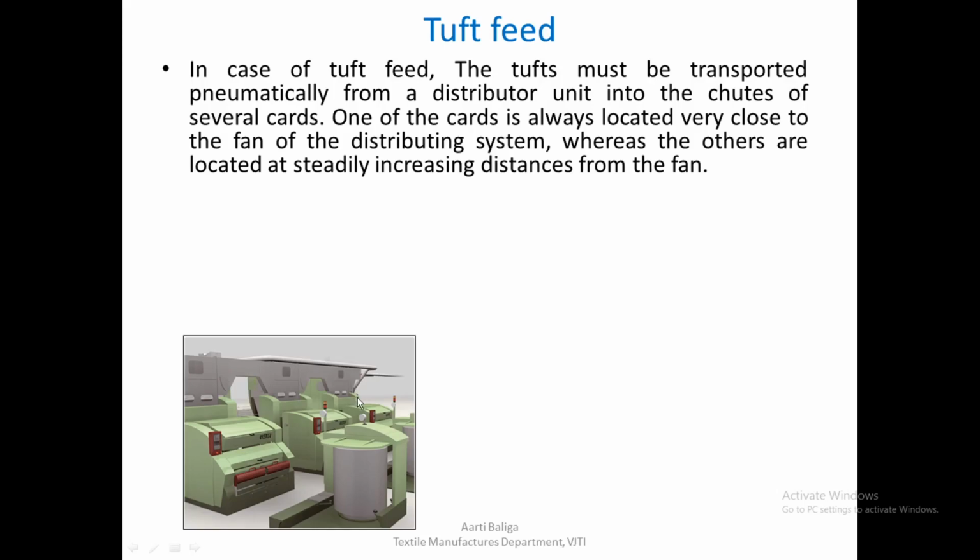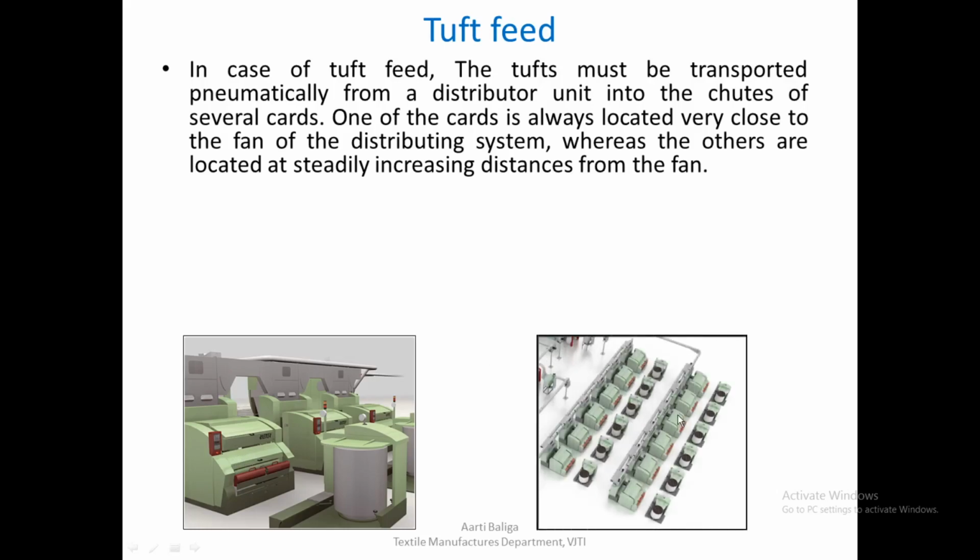One of the cards may be much nearer to the last blow room machine, whereas another card at the other end of the line would be further away. This image shows it more clearly: the first card would receive the material first and this card would be the last one. So the distribution is going to be uneven.